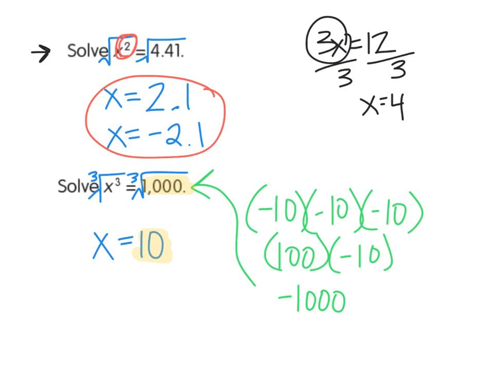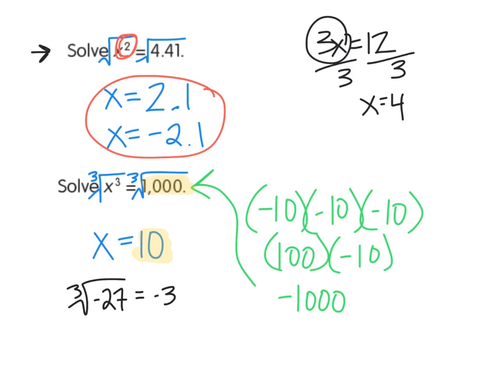If you are, for example, trying to find the cube root of negative 27, you're looking for a number that when you multiply it by itself 3 times would equal negative 27. In that case, the only possible answer is negative 3, because negative 3 times negative 3 is 9, and 9 times negative 3 is negative 27.